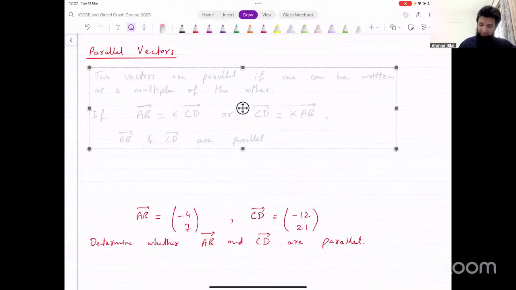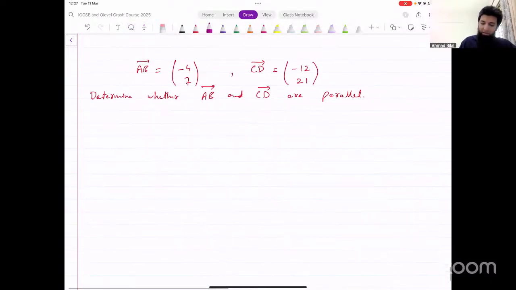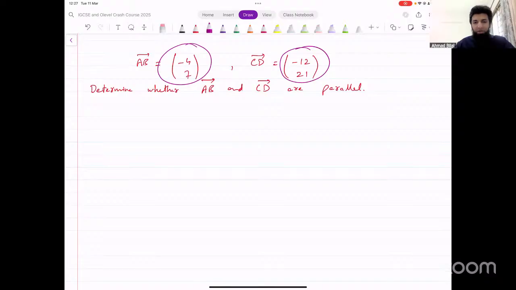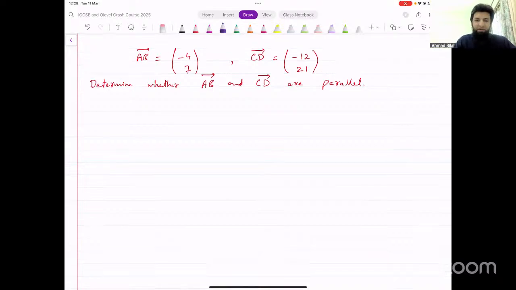Now, in this case, think about it. Can you multiply one of these vectors with some number to get the other vector? Take any one of these vectors and see if you can multiply it by some number to get the other vector. Generally, it's easier to think of using whichever vector has smaller numbers.